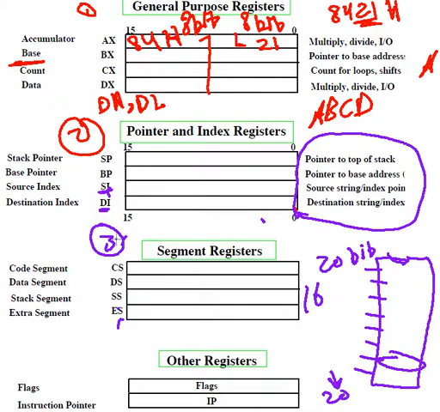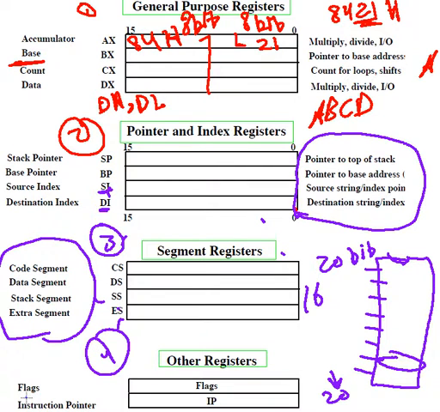But for now, I just need you to know the basic registers: we have 14 registers in the 8086 language, and the segment registers CS, DS, SS, and ES, which are used in the calculation of the effective address.